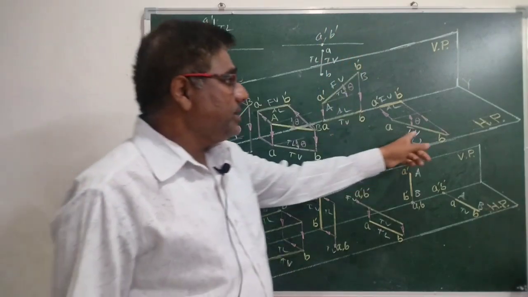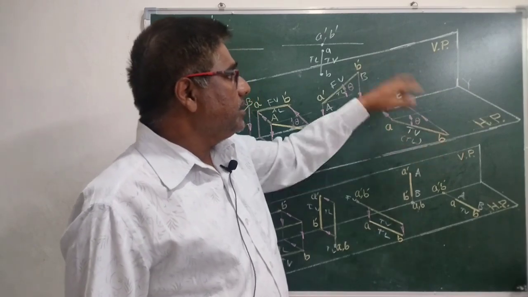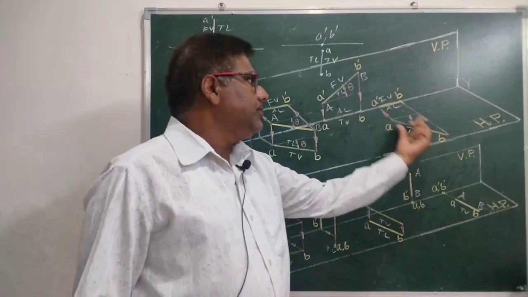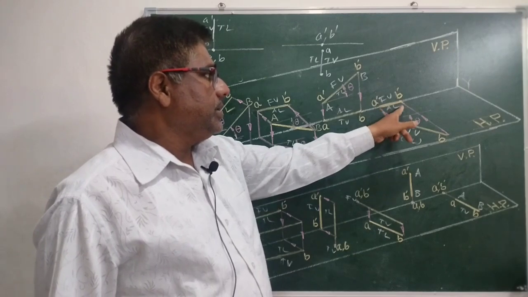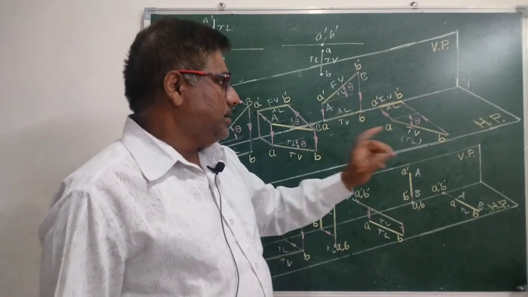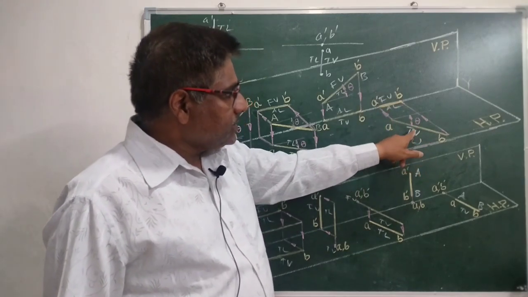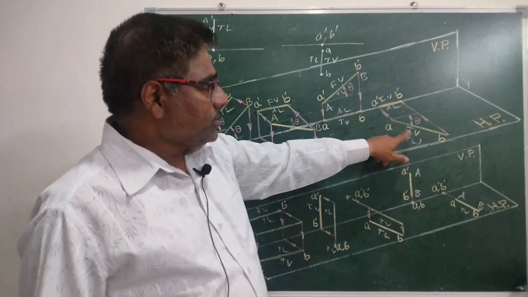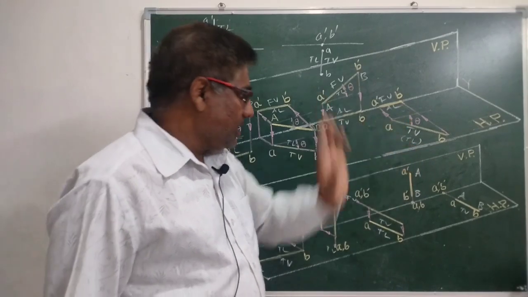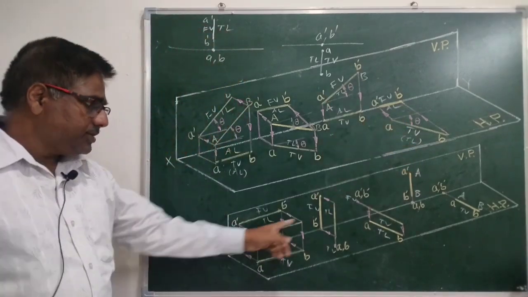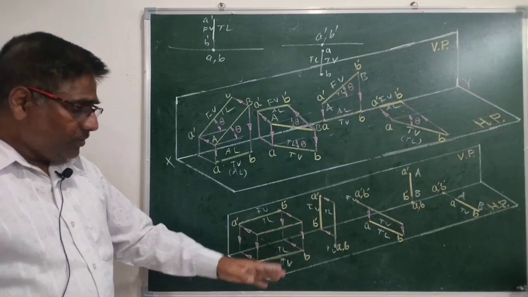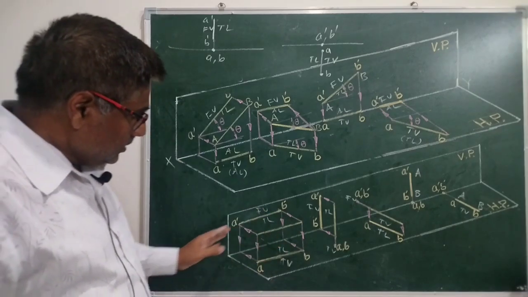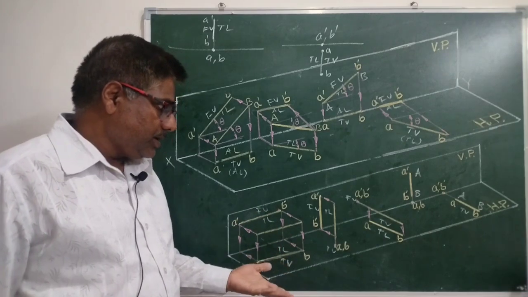Now, next case is when the line is in HP and inclined to VP, then its front view will fall on XY line, and this front view will give apparent length, and the line itself will act as top view, and this top view will give true length with inclination. Now, when the line is parallel to both the planes, front view and top view will give true lengths, and both the views will be parallel to XY.